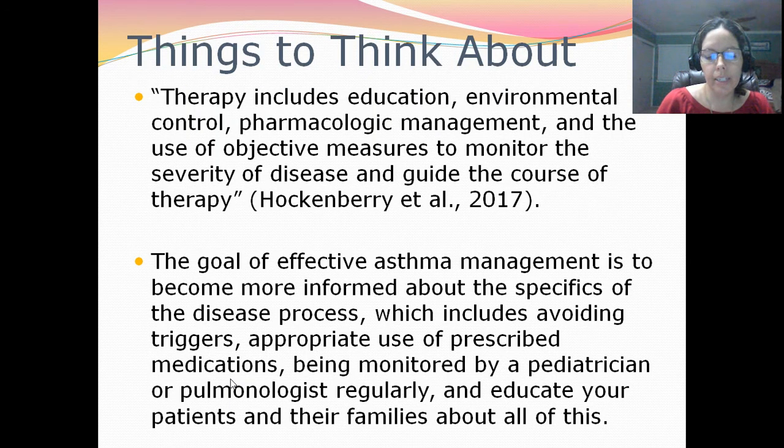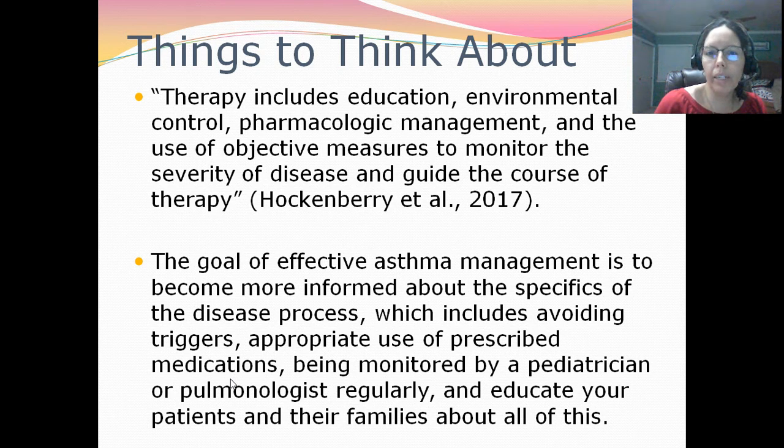So, a few things to think about. The best therapy for a disease process is always all-encompassing, and that includes education, environmental control, pharmacological management, and the use of objective measures to monitor the severity of a disease.